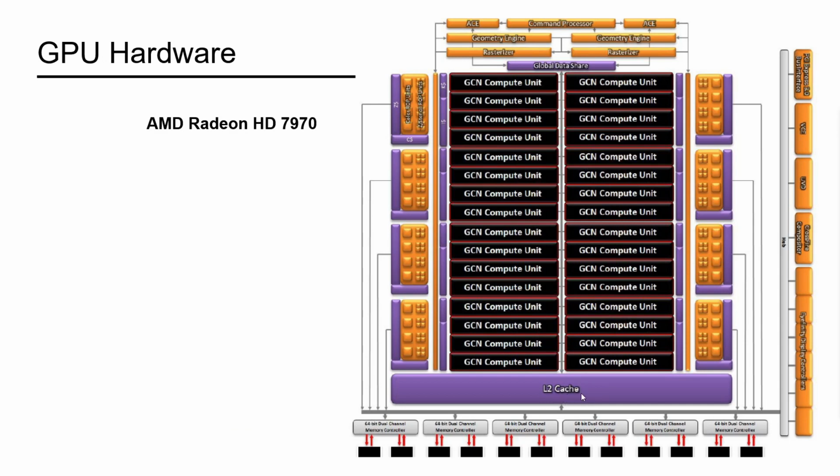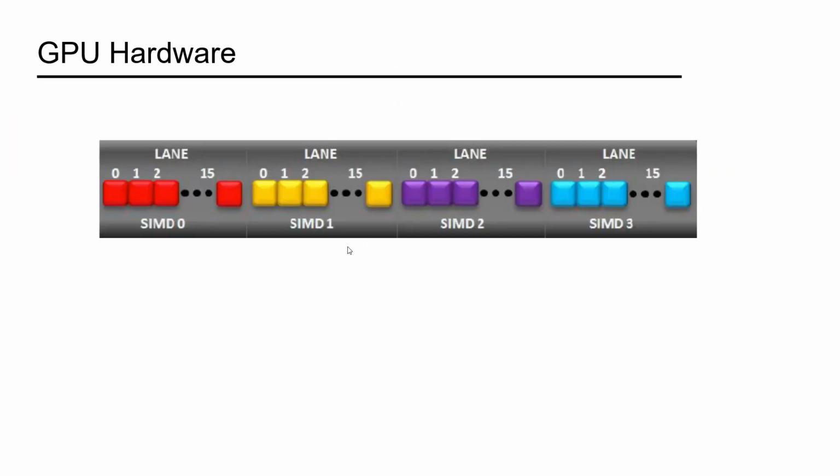It retrieves data from the main GPU system memory, the DRAM, in cache lines, and stores it here. All GPUs won't have this same architecture, but it will generally be fairly similar.